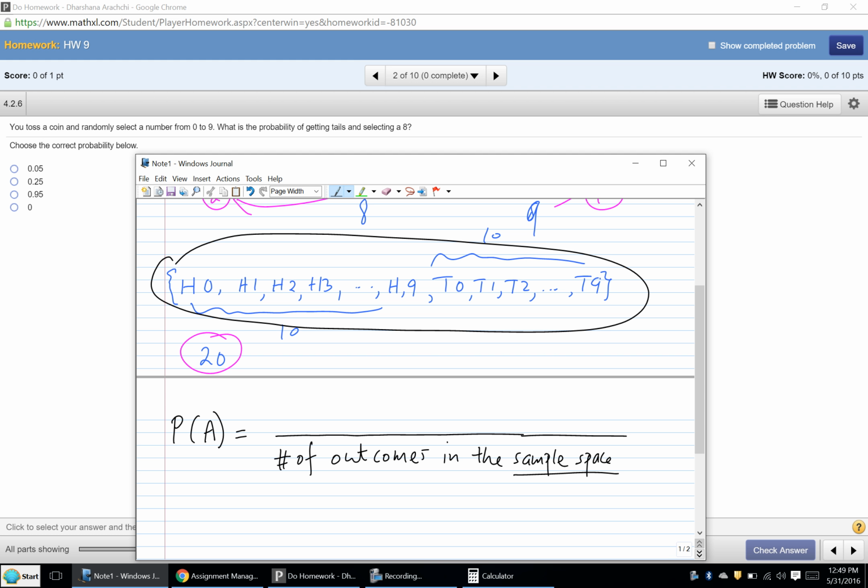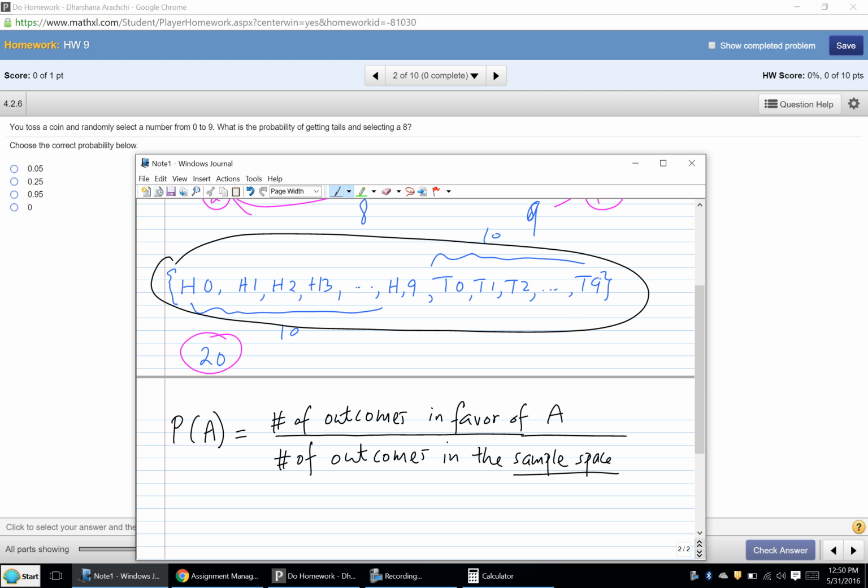The numerator is, well, we are looking at the probability of A. Out of that many outcomes in the sample space, how many outcomes are favorable to the event A? So the numerator is the number of outcomes in favor of A. Basically you have to count the number of outcomes in the sample space which are favorable to A.